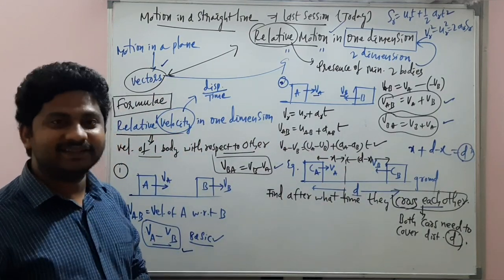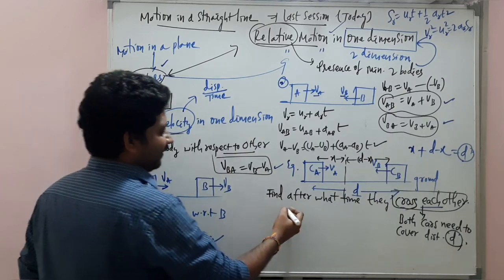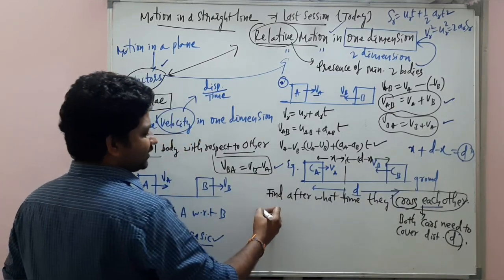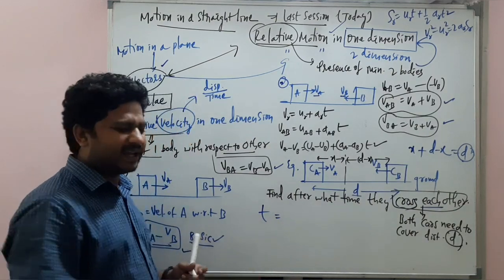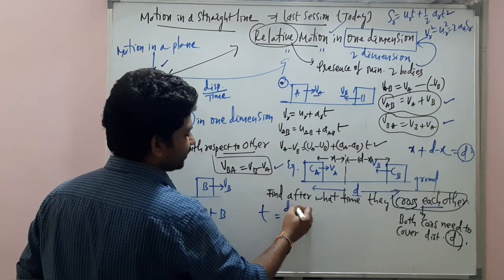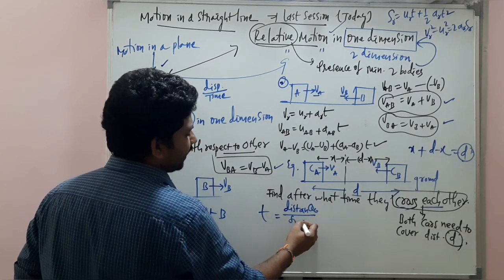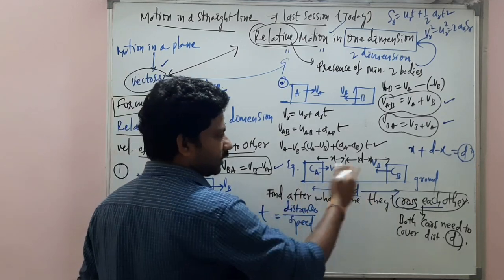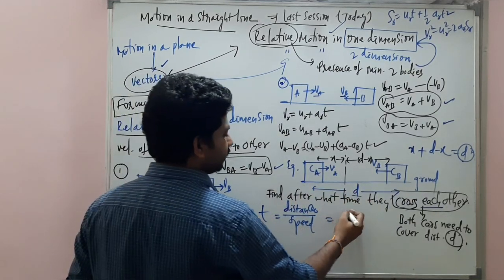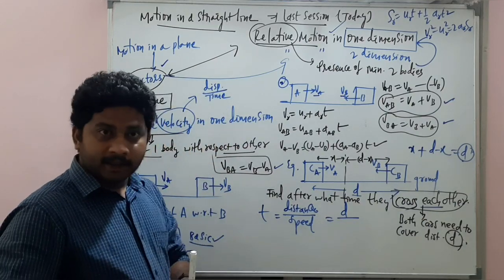And the second thing is, what is the time? We know speed is equal to distance by time. Time is equal to distance by speed. Time is equal to what? Distance by speed. What is the distance covered? Both the cars before crossing each other, d by speed. This is an important concept here.